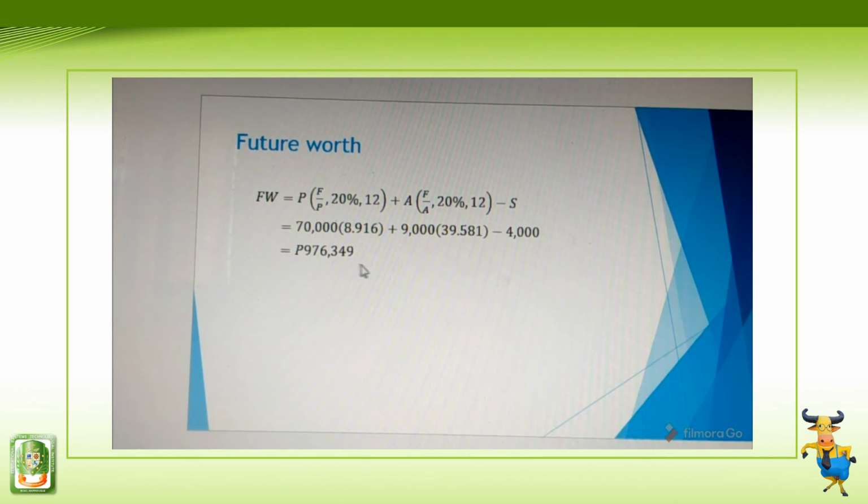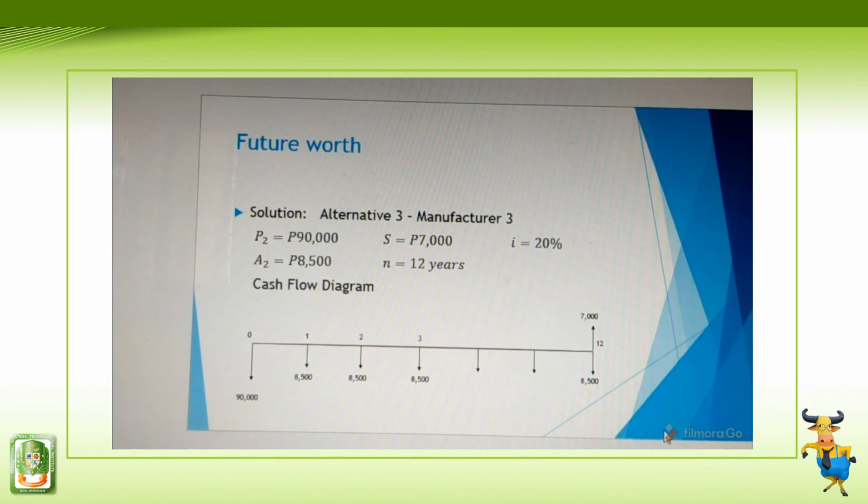So it's 70,000 multiplied by 8.916 plus 9,000 multiplied by 39.581 minus 4,000. So the future worth of the second alternative or manufacturer 2 is 976,349.